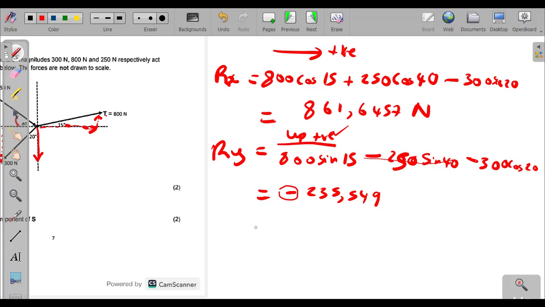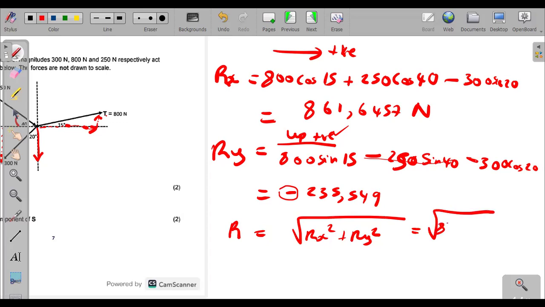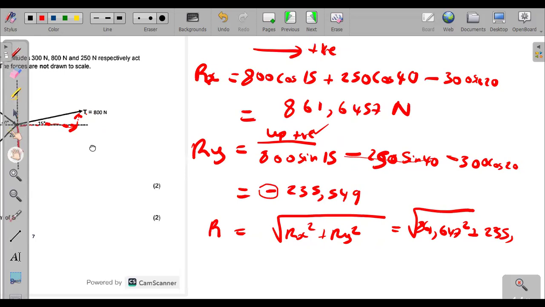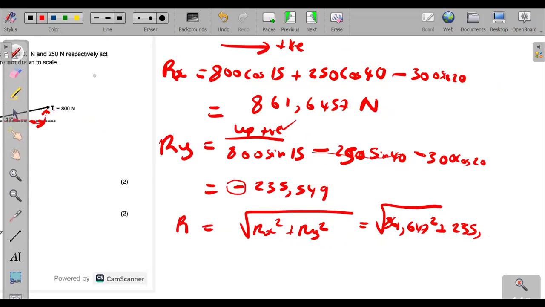It means, therefore, R is equal to the square root of Rx squared plus Ry squared. Substituting the values that we got: 861.647 squared plus 235.5494 squared.